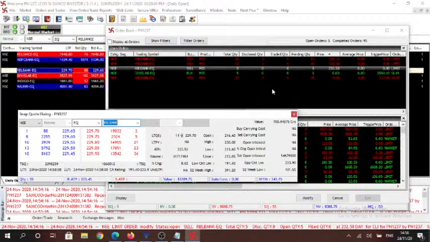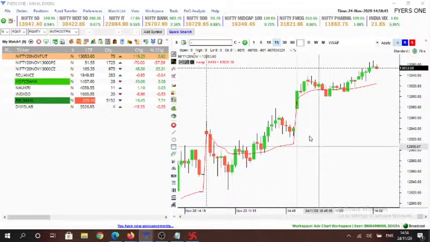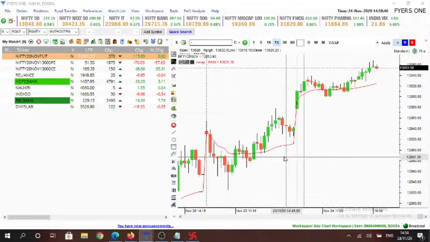Let's see. Nifty's movement is up for the day now. It's almost 3 o'clock right now.